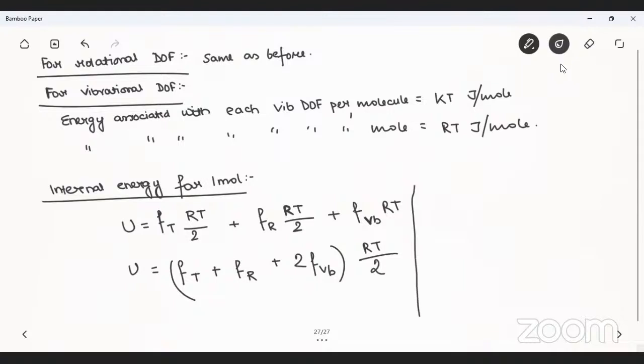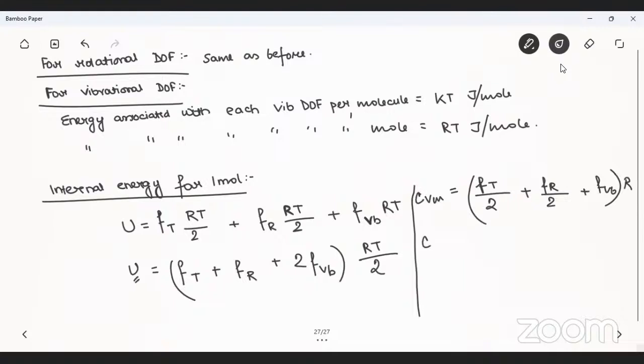Now, this you can also write as CVM. Last class we did. So CVM is FT by 2 plus FR by 2 plus FVB, whole of R. Okay.